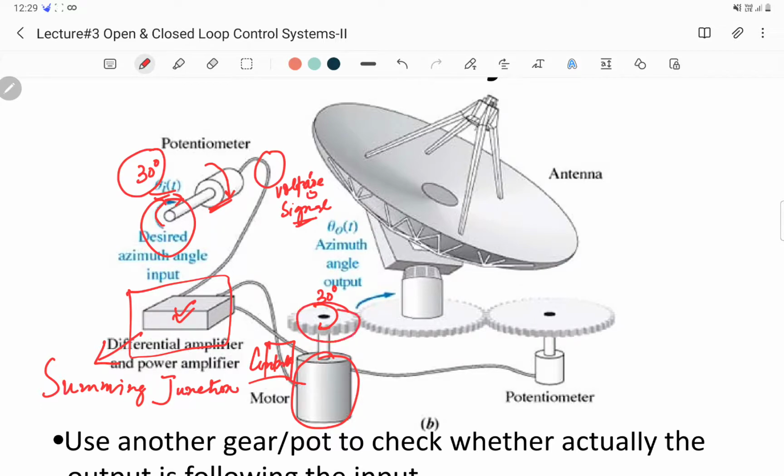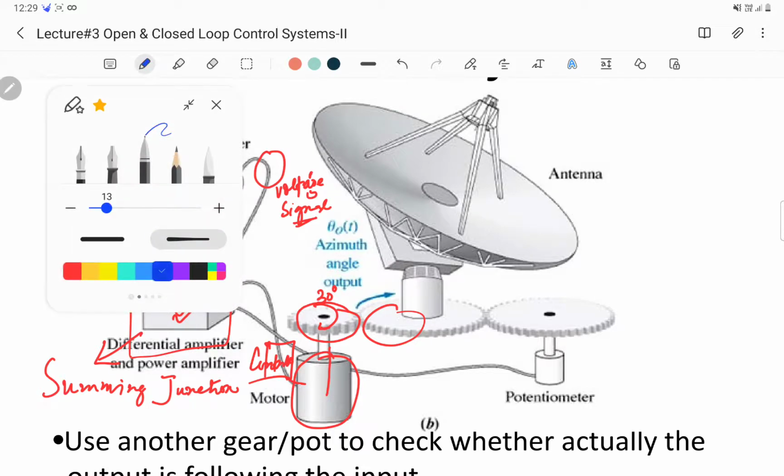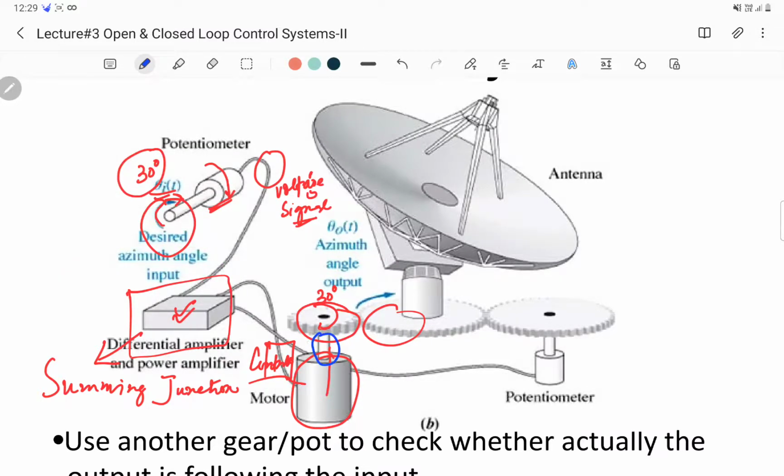If we look at this gear system, the motor shaft is basically connected to a gear. This gear rotates by the same angle, and this gear rotates this gear by the same angle, so our antenna eventually gets rotated by 30 degrees.